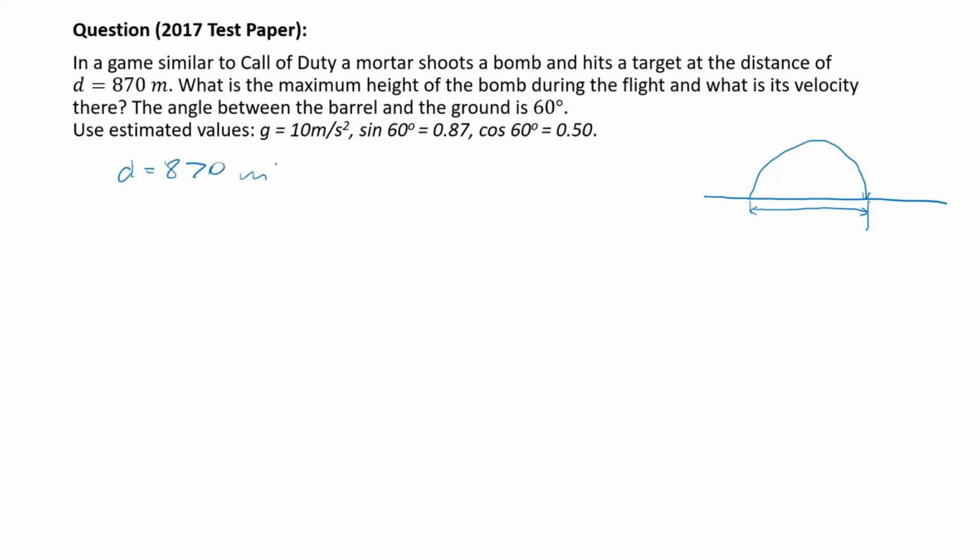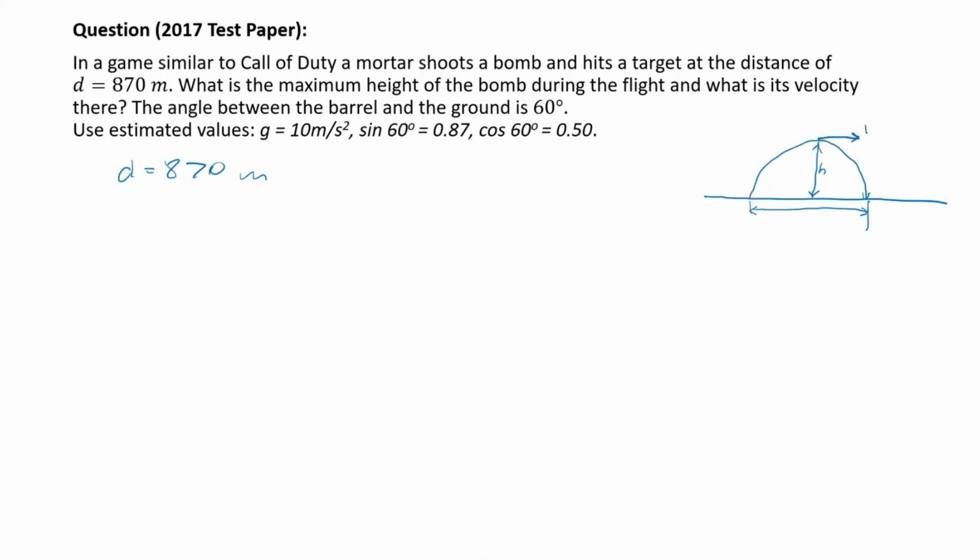What is the maximum height? So we will again need to find the maximum height. But this exercise is going the other way around, because the second question is the height of the bomb during the flight, and what is its velocity there? So what is this velocity here at this moment?